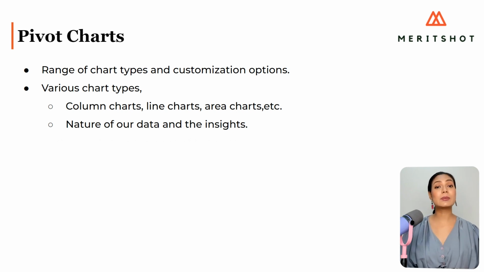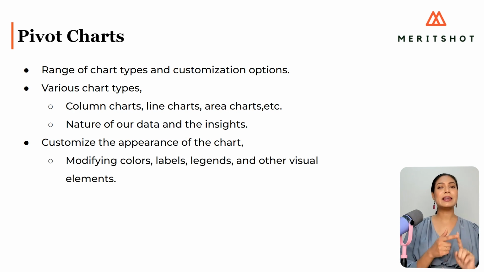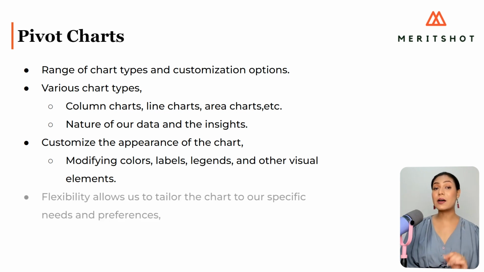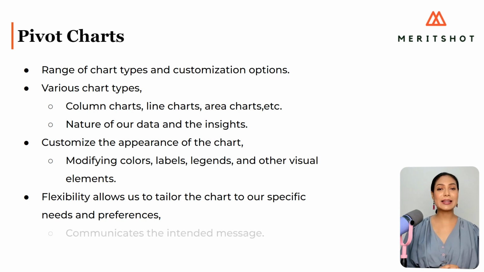We can also customize the appearance of the chart by modifying the colors, labels, legends, and other visual elements. This flexibility allows us to tailor the chart to our specific needs and preferences, ensuring that it effectively communicates the intended message.